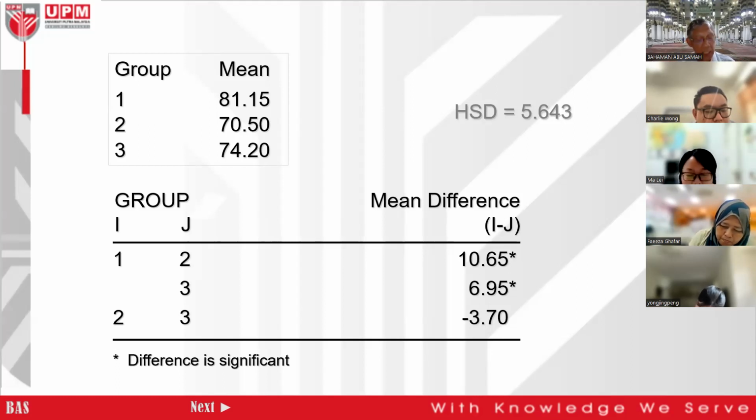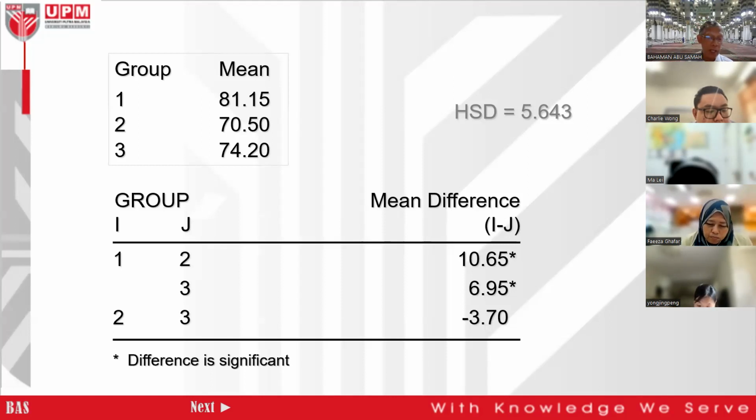The star indicates there is a significant difference in teachers' job stress between principals under autocratic and democratic leadership. The second pair, autocratic and laissez-faire, has a mean difference of 6.95, also bigger than 5.643, so the difference is also significant.